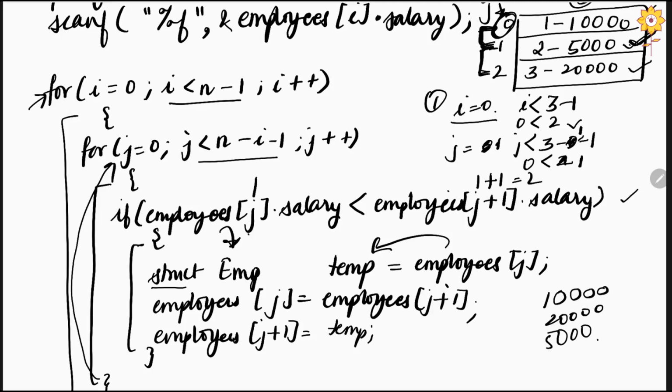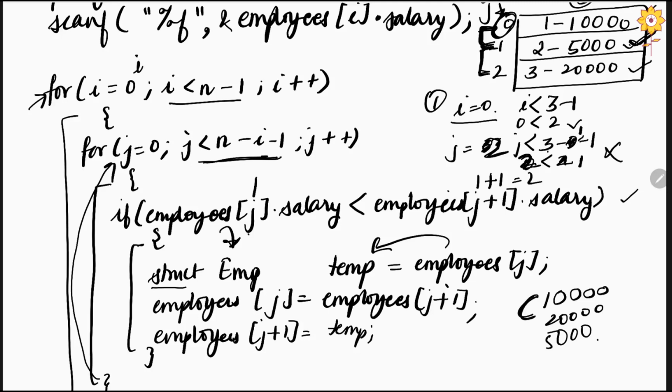Now, again it will come out to j, but this condition will not be satisfied when j is equal to 2, because n's value is 3, and 3 minus 2 minus 1 is 0. So, this condition stands to be false, hence it will come out to the outer for loop. i will become 1 now, and the comparison will again take place.